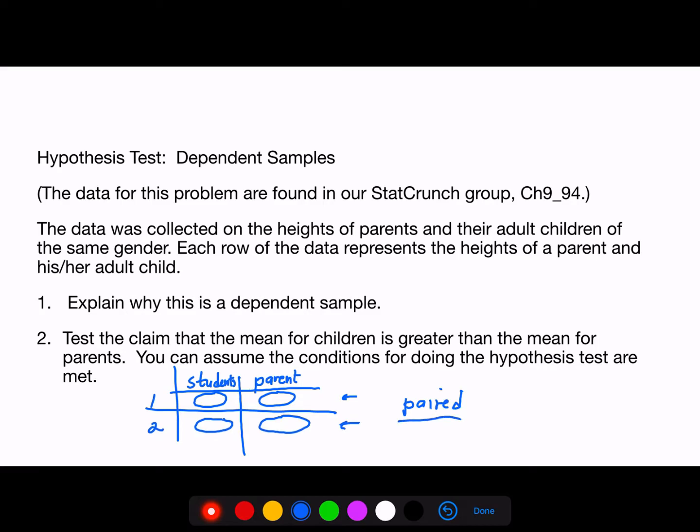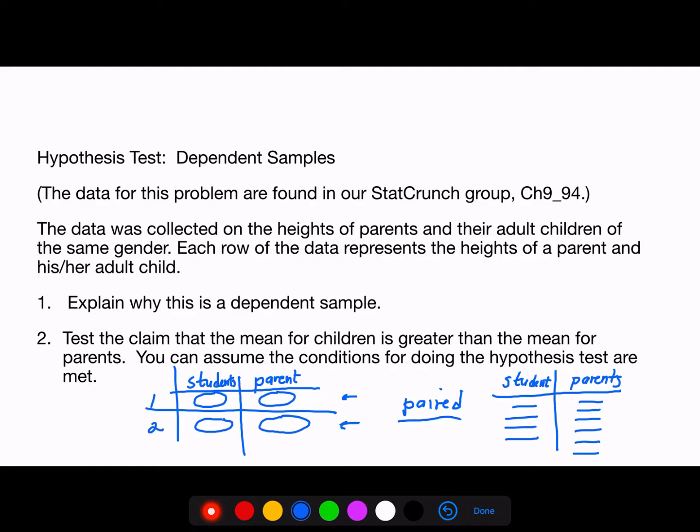You might wonder, well, what would it look like if it was not a dependent sample? If it was not a dependent sample, in the setup of the problem, you would read something like this. We collected some student heights and we collected some parent heights, but the numbers next to each other do not represent a family relationship. You just have a bunch of students, a bunch of parents in random order.